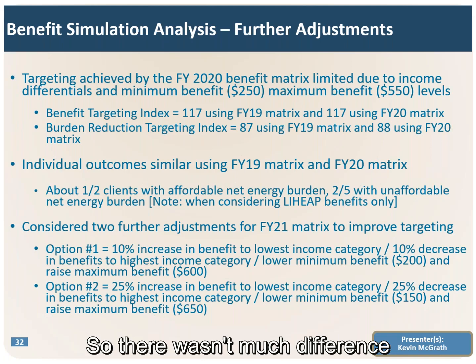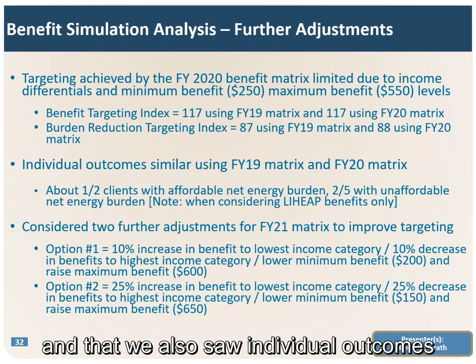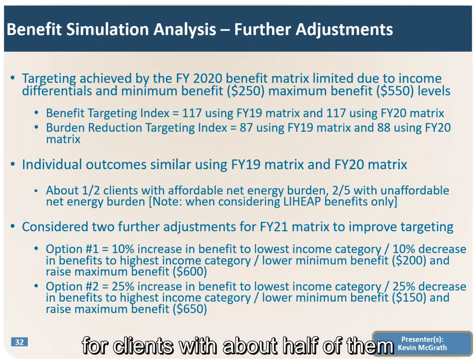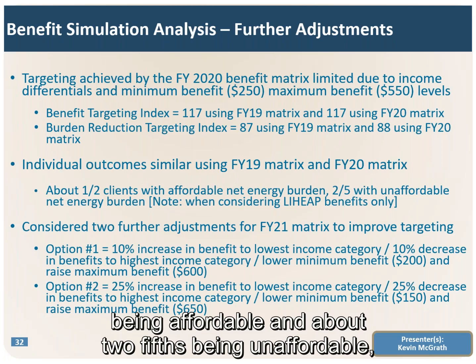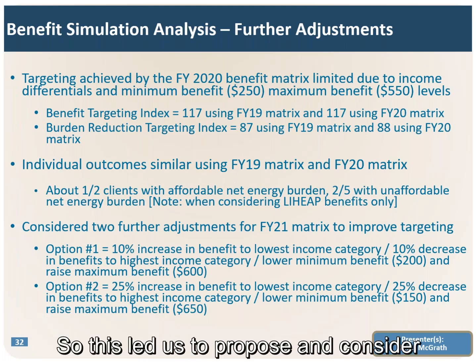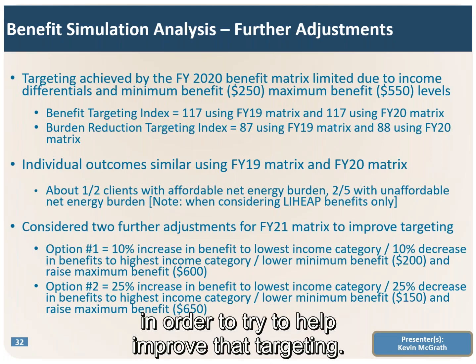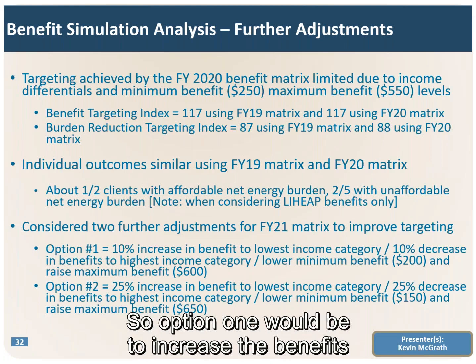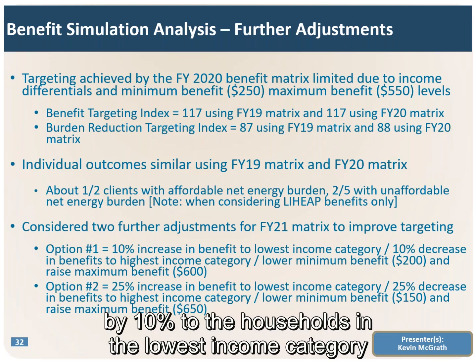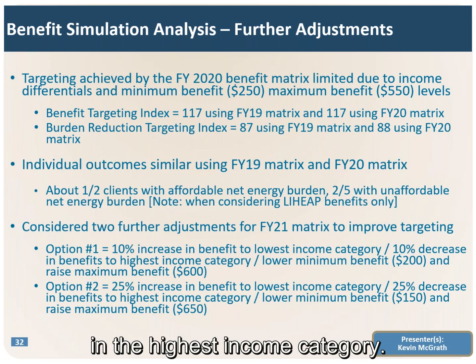There wasn't much difference between the benefit targeting index or the burden reduction targeting index, and we also saw individual outcomes for clients with about half of them being affordable and about 2/5 being unaffordable, regardless of which benefit matrix you were simulating. So this led us to propose and consider 2 further adjustments for the next program year in order to try to help improve that targeting. Option 1 would be to increase the benefits by 10% to the households in the lowest income category and decrease by 10% the benefits to households in the highest income category.